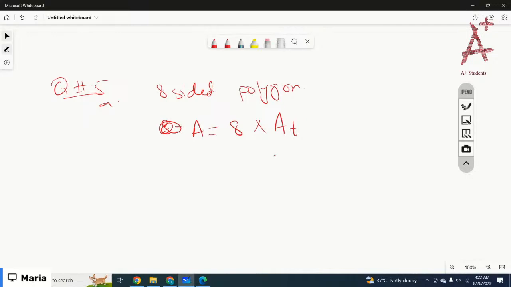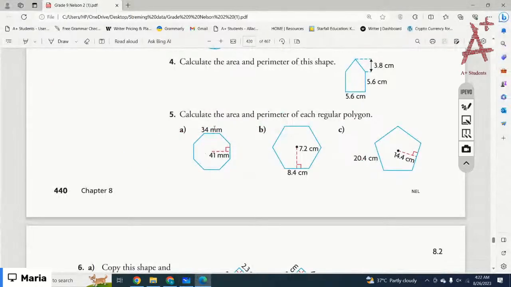Let's just calculate the area of the triangle. You can calculate the area of a triangle by using the formula a times height over 2. So the sides are 34 and 41.